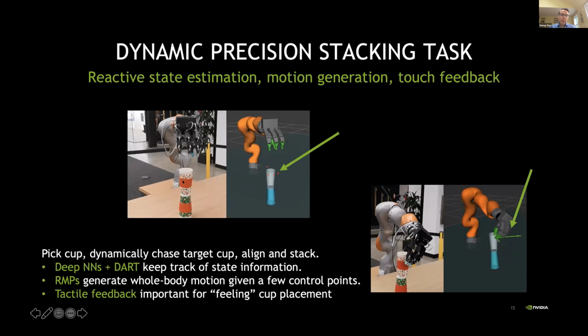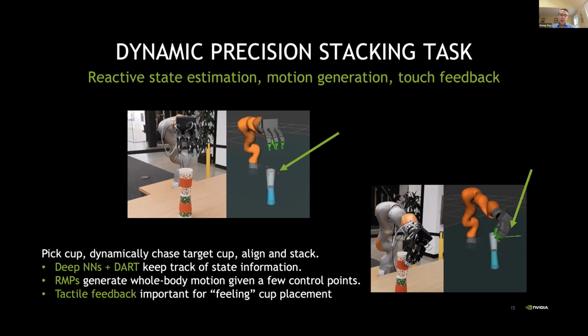Then based on the cup position, we can generate target poses for the fingertips where the Allegro fingertips should go. You can see these here on the right side, these little red dots. Those are target poses for the fingertips. Okay, so all of this is estimated in real time.